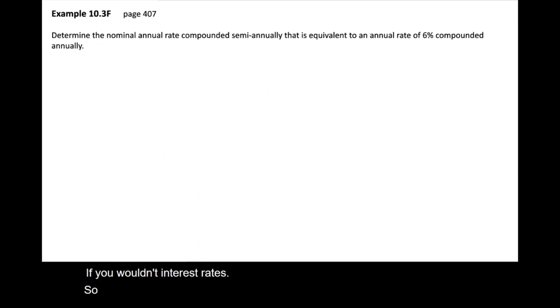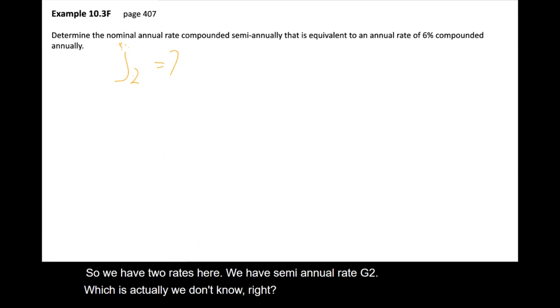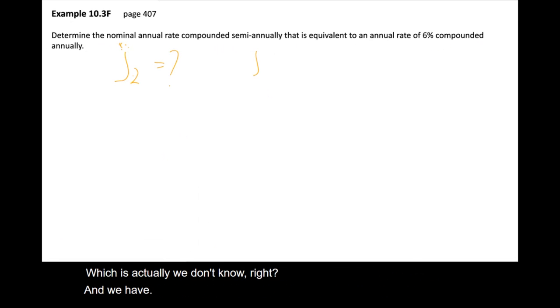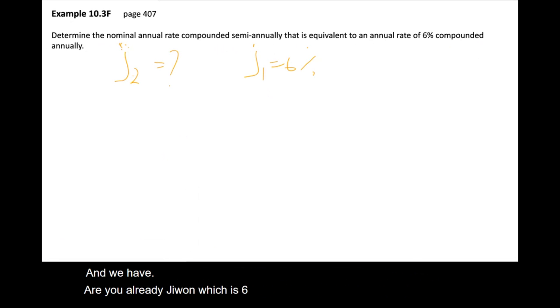So we have two rates here. We have semi-annual rate J2, which we don't know, right? And we have annual rate J1, which is 6%. So far, guys, is that part clear?